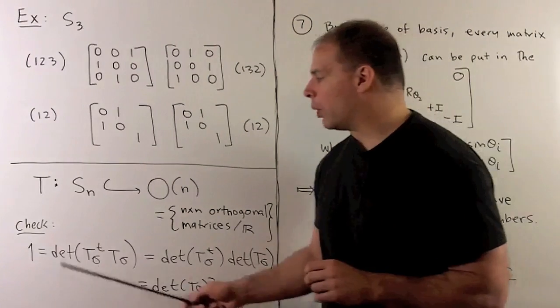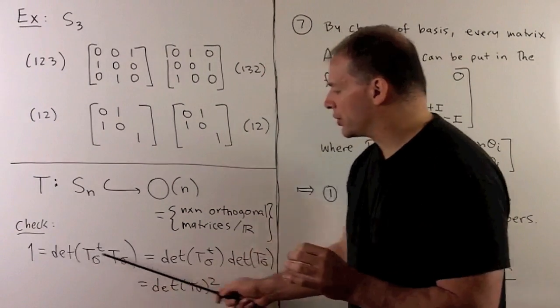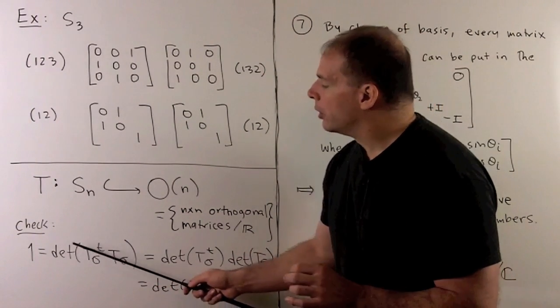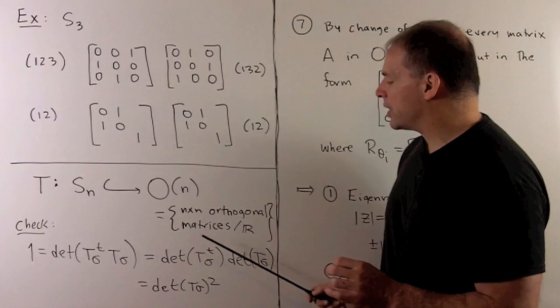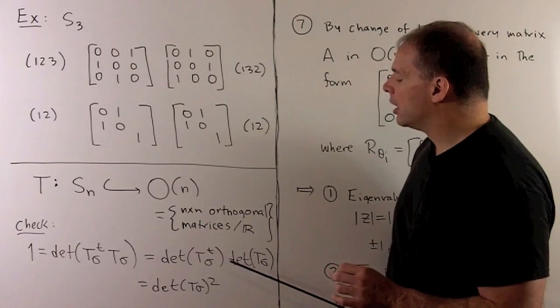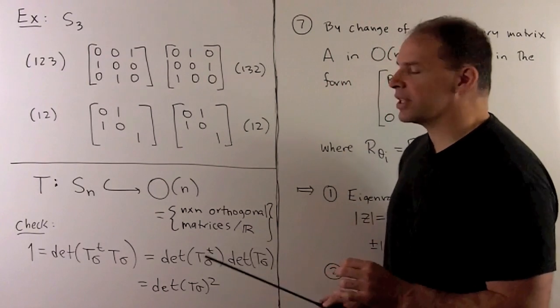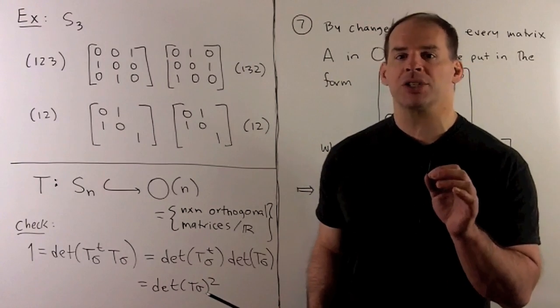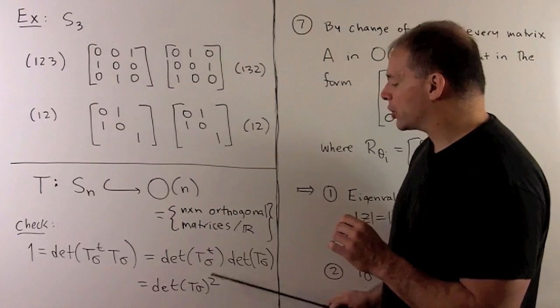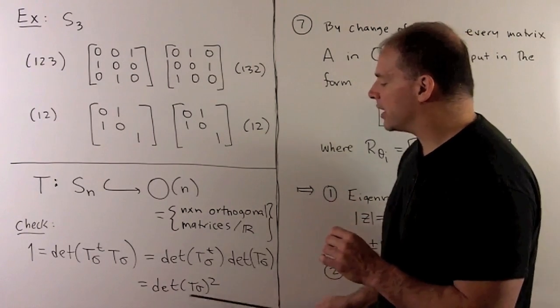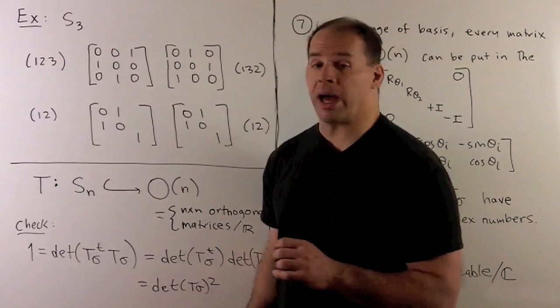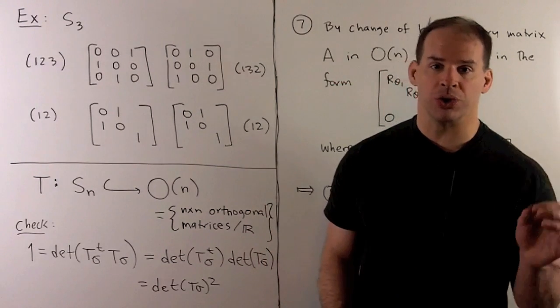Determinant of the identity is equal to 1. And then we're going to break apart this determinant here. So we have our product rule, which lets me write it as a product of determinants. Determinant of a transpose is equal to determinant of the original matrix. So I get determinant of our matrix squared. So that's going to say determinant is equal to plus or minus 1. And that checks our old result.